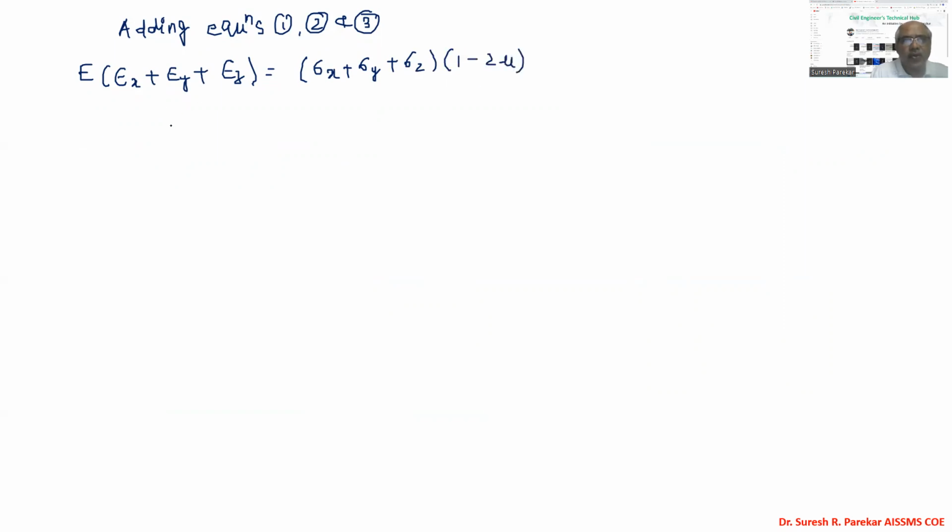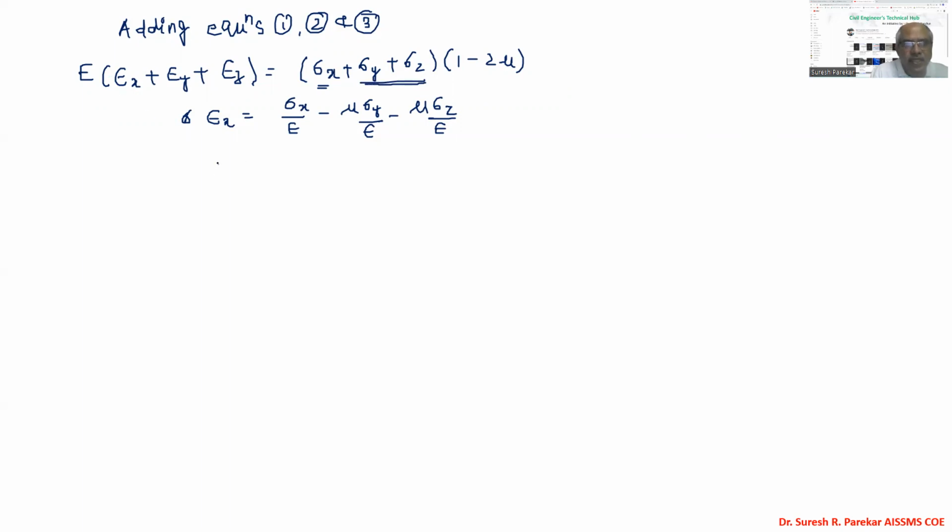Now we will go to equation 1, and in equation 1 I have epsilon x equal to sigma x by E minus mu sigma y by E minus mu sigma z by E. Now we know we have to find the equation in terms of sigma x, so I have to replace sigma y and sigma z by sigma x and all these strains.